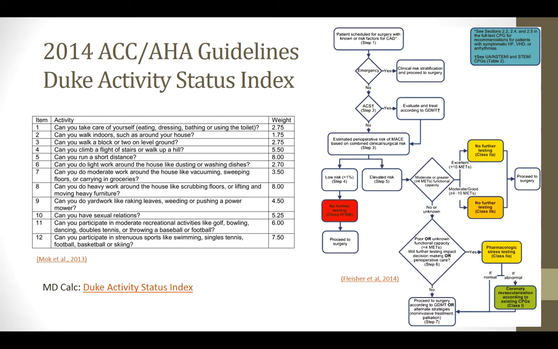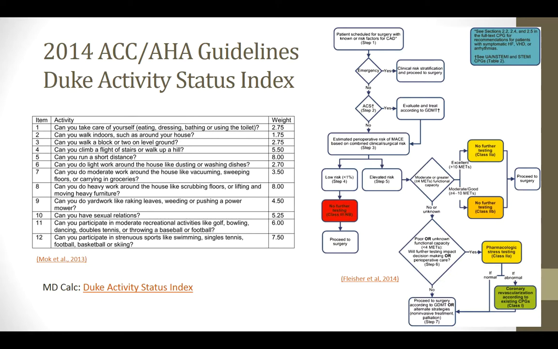So we can ask them questions such as the ones seen here to determine if they're a good surgical risk based on what they can do around the house. For the most part, if the patient can do yard work, walk 2 blocks, climb up a hill, or do their own dishes, laundry, and housework, then they're going to have good enough functional capacity.